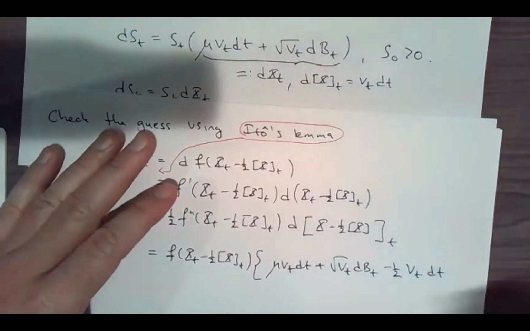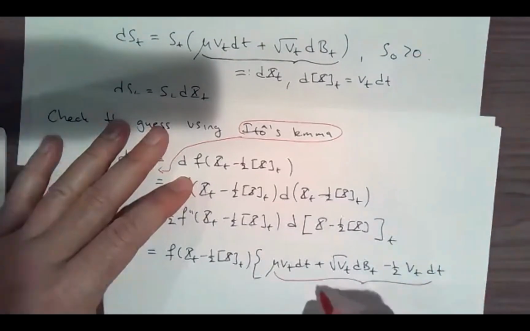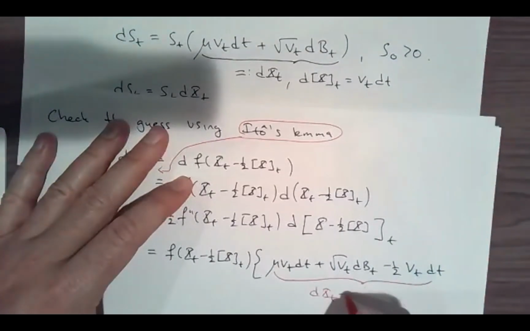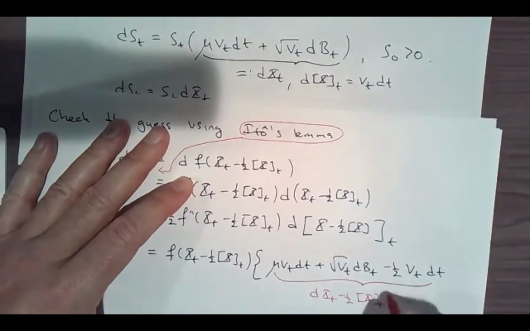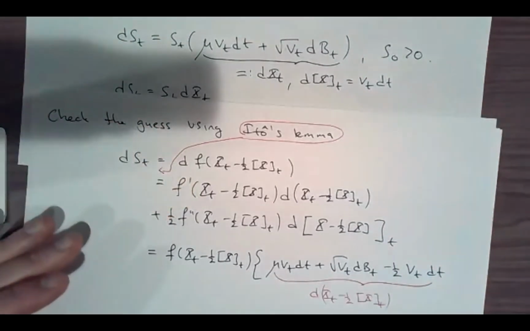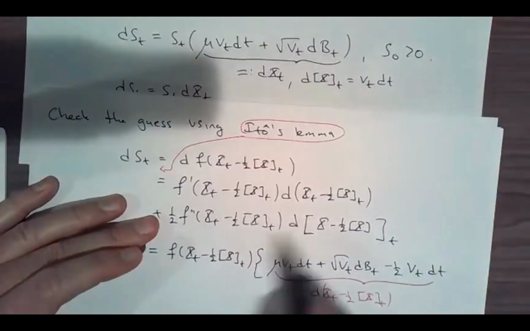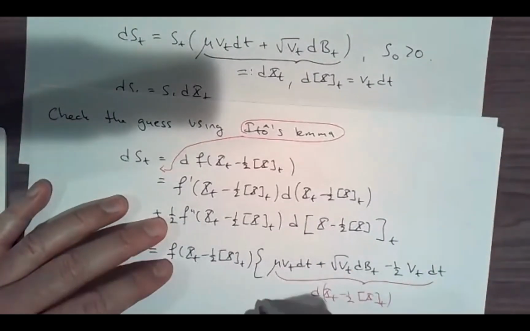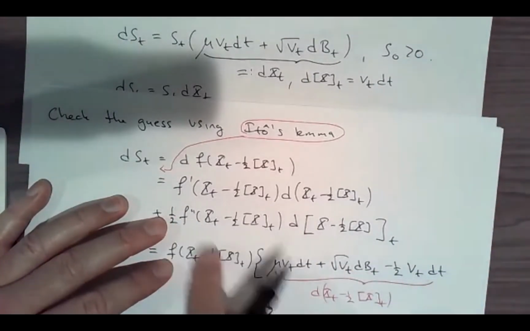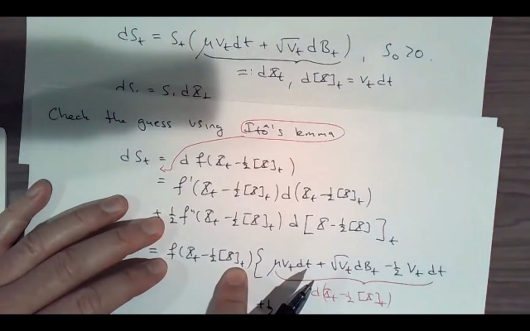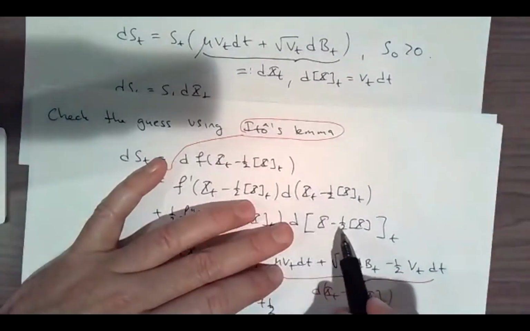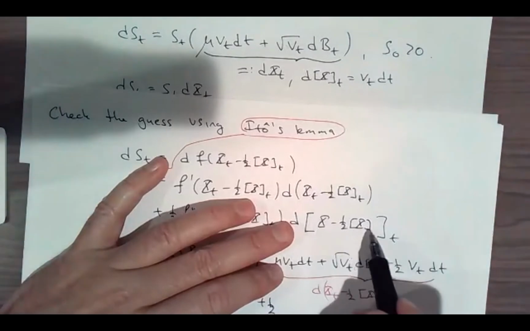Right, this component here, this is dXt minus 1/2 quadratic variation of X. And then we also need the other term, plus 1/2 f double prime goes outside, and then I need the dynamics of the quadratic variation of X minus 1/2 quadratic variation.